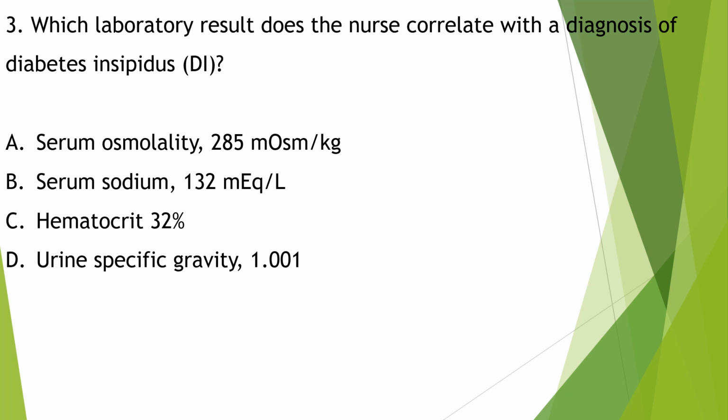The clinical presentation of patients with diabetes insipidus is dependent upon the significance of water loss. Due to the lack of ADH, the patient excretes a large volume of dilute urine with a low specific gravity. Serum sodium and osmolality levels are increased in diabetes insipidus secondary to hemoconcentration.